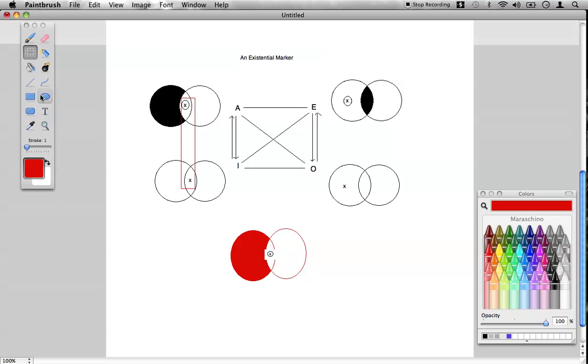Then our conclusion reads: therefore some A are B, which basically looks like this if I was to represent it.